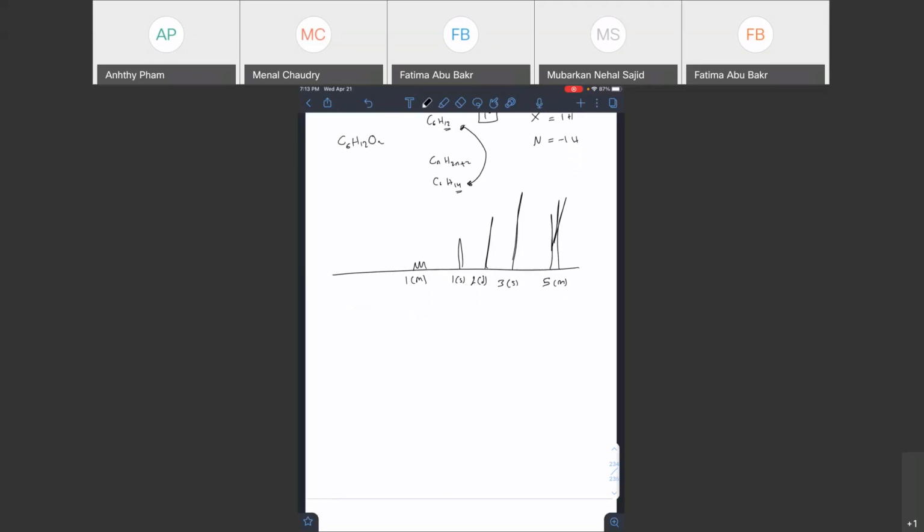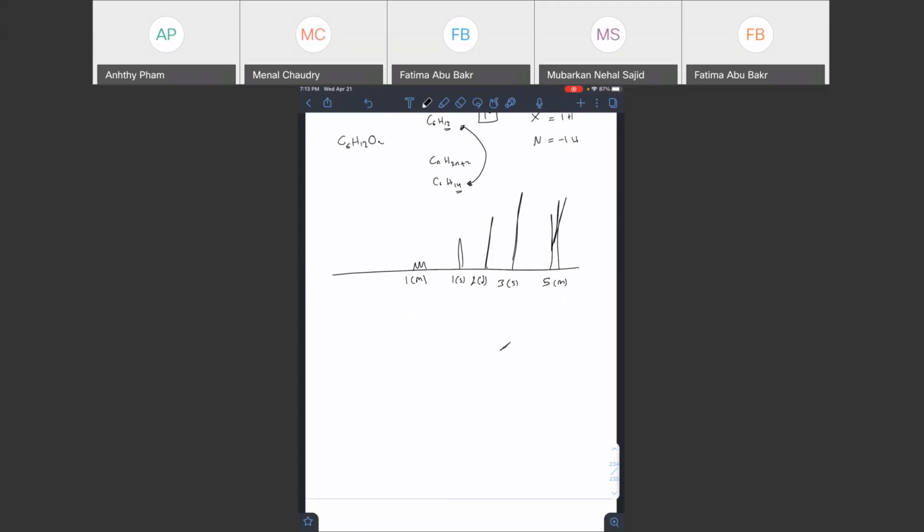So let's start off with drawing our structure. Usually the easiest place to start is with something that's a 3. We have a 3 singlet right there. What could a 3 singlet look like?